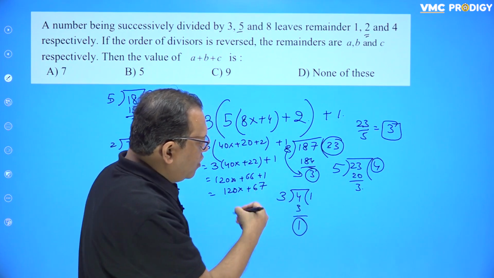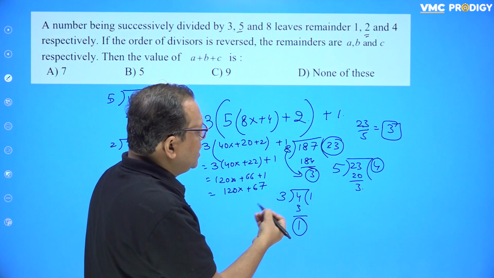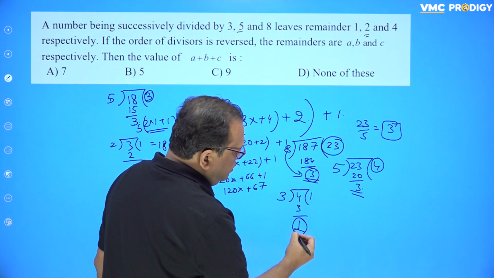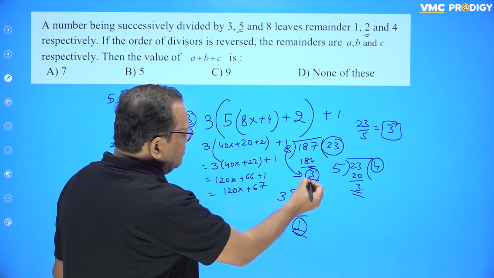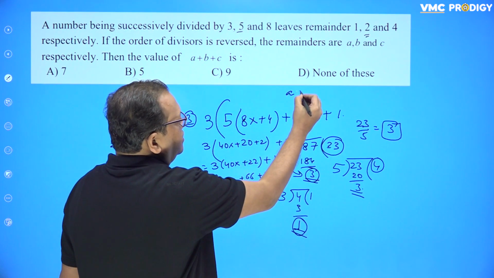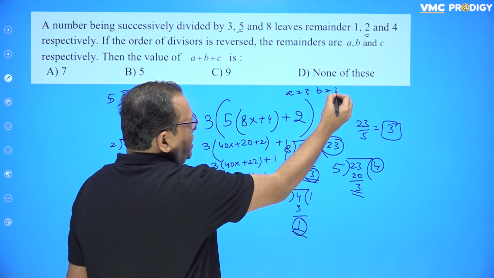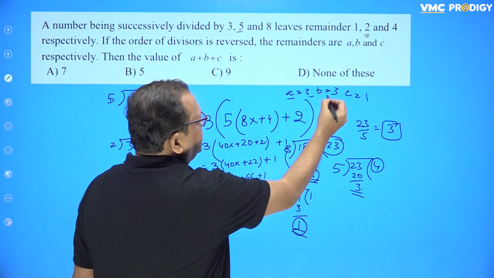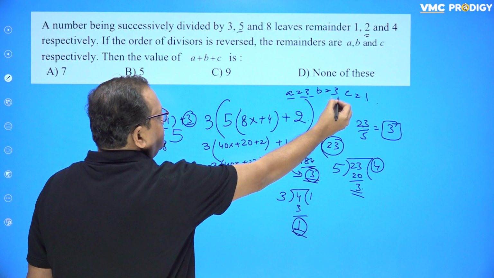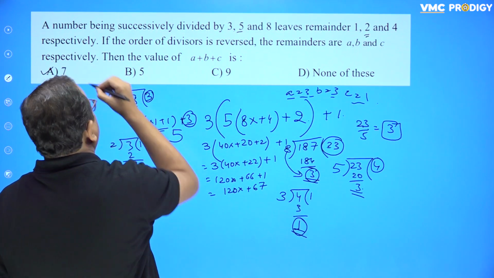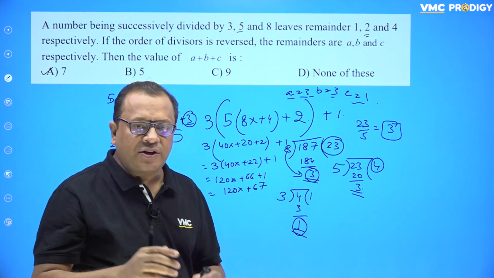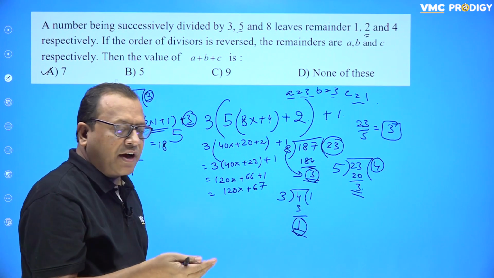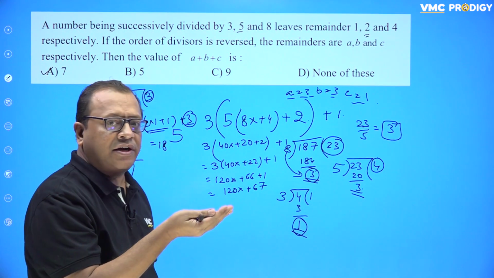So if the order of divisors is reversed, the remainders are 3, 3 and 1 respectively. Hence the value of A is 3, B is 3 and C is 1. So A plus B plus C is 3 plus 3 plus 1, which is 7. That is the answer.